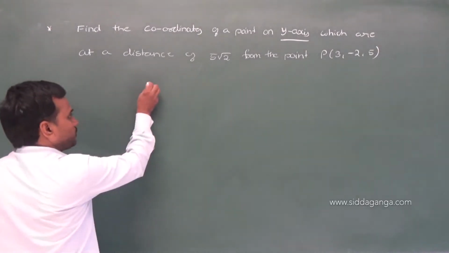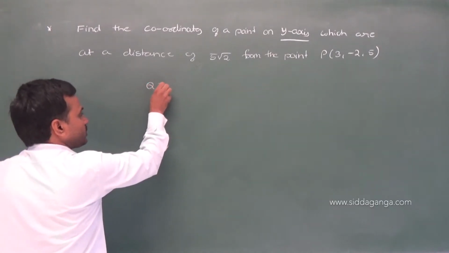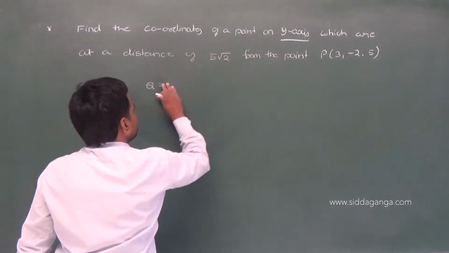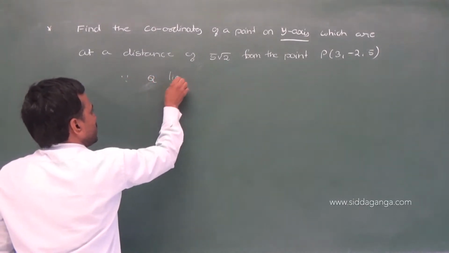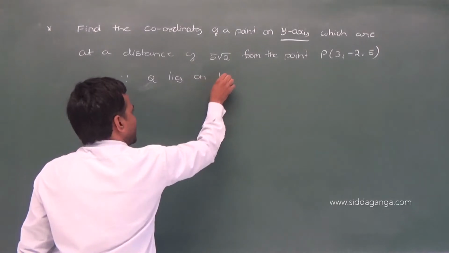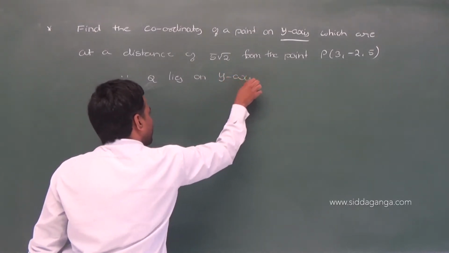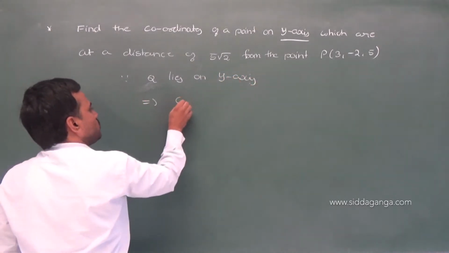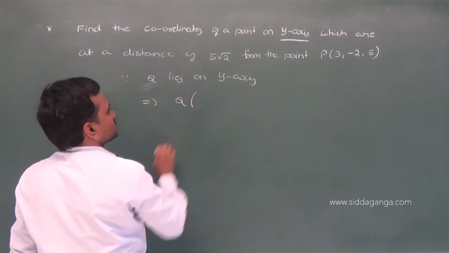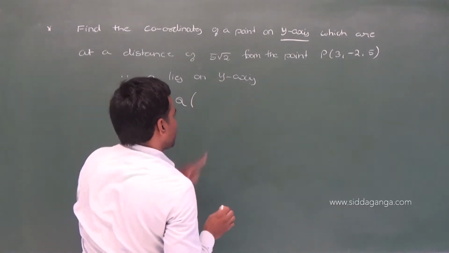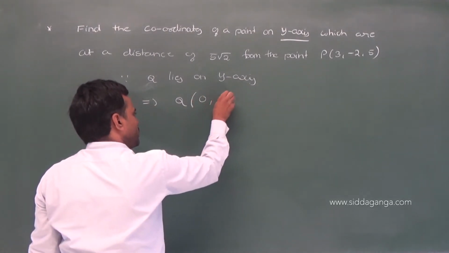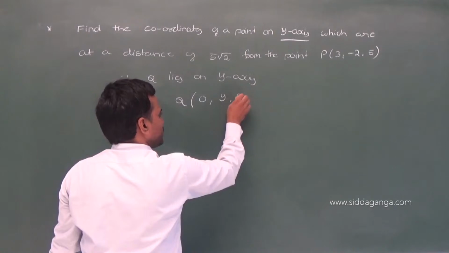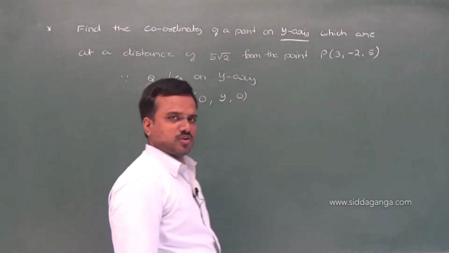We write the point Q. Since Q lies on y-axis, the coordinate of Q: x coordinate is 0, y coordinate we write as y, z coordinate is 0.